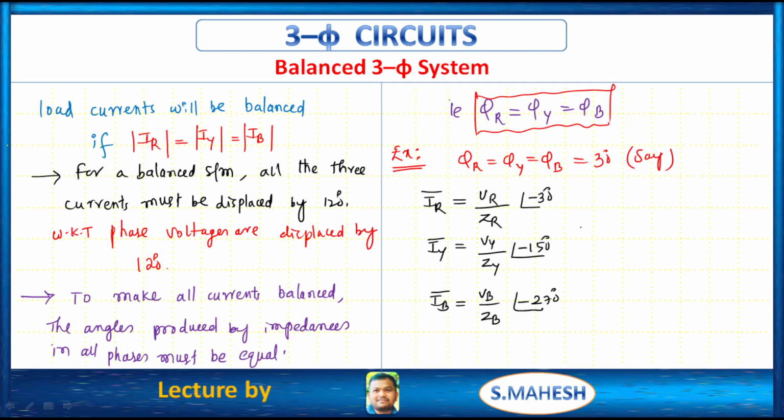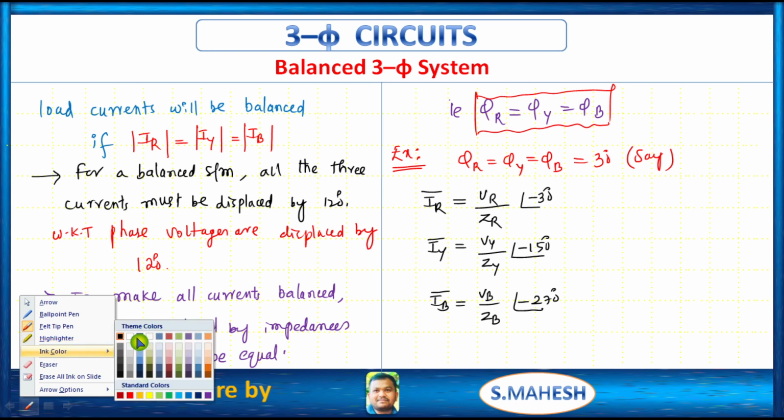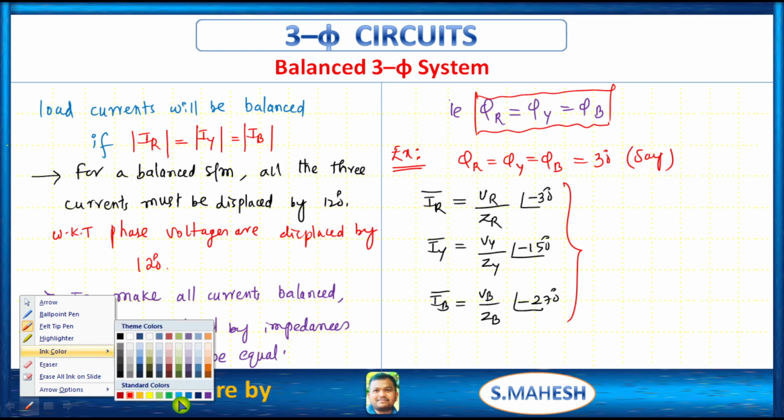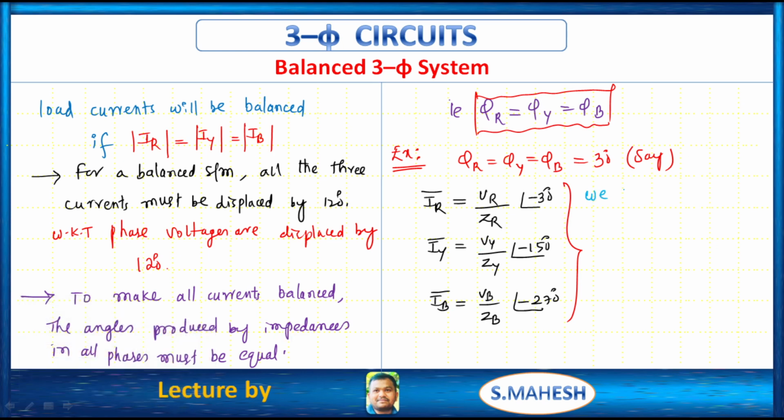Therefore, from this example, we can observe that three phase currents must be displaced by 120 degrees apart.